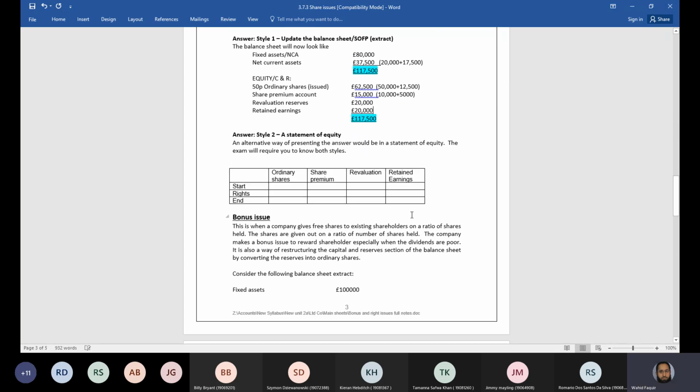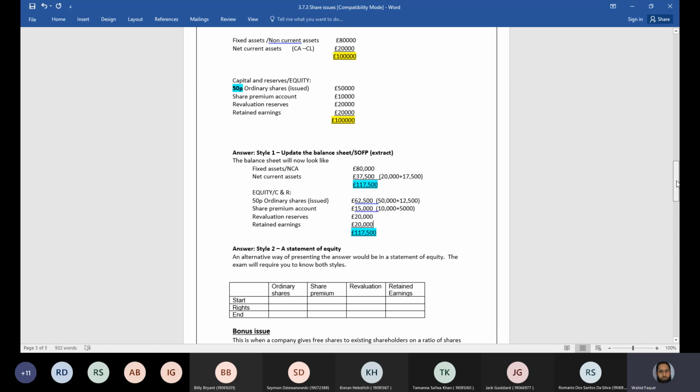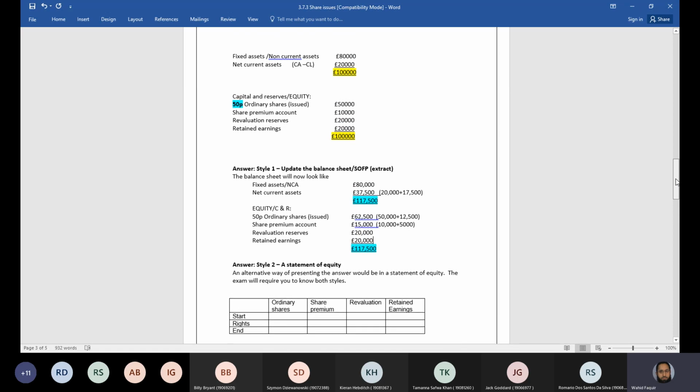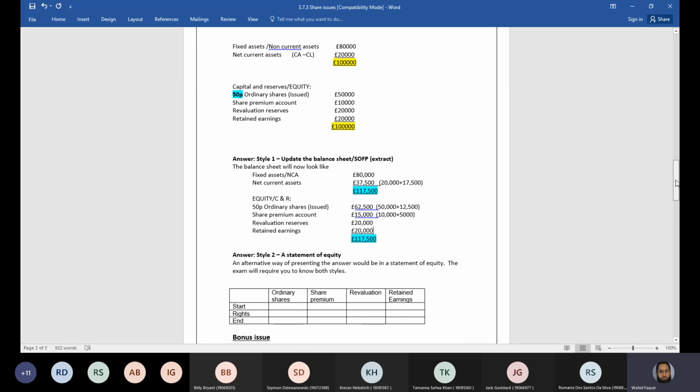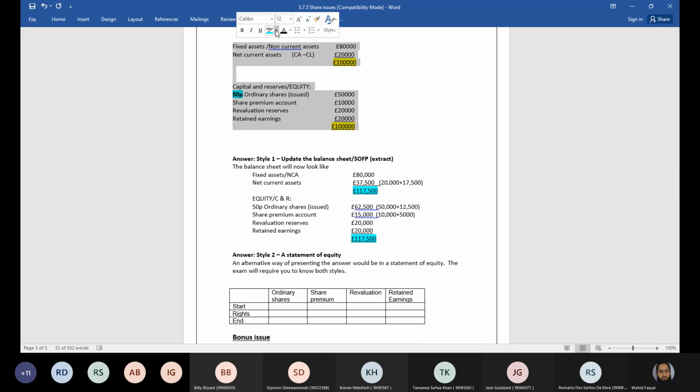Table's been set out for you. I'd like you to present that information in that table. So all the information is on the screen if you haven't been able to print this off. I'll even color code it for you.